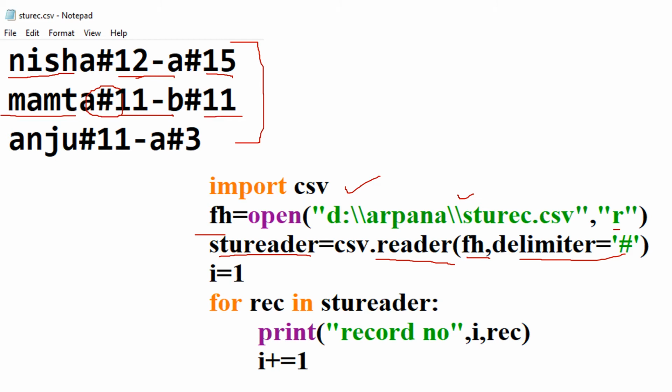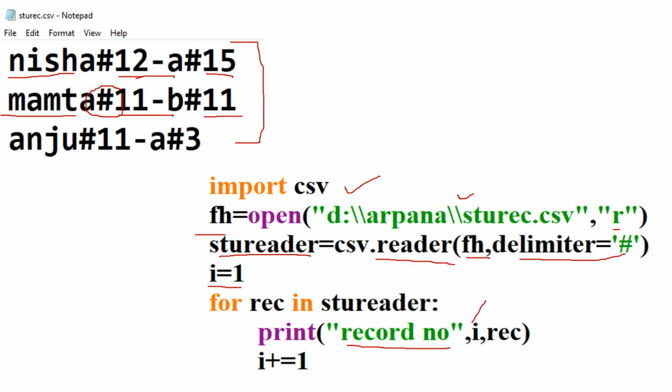Now if you want to print the record number also, you can use a variable like this, i is equal to 1, which has been initialized by 1, because to print the first record number, you can write a message within double quotes and i, which will print the record number.